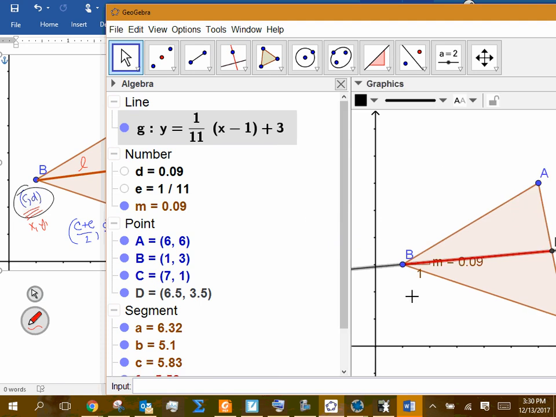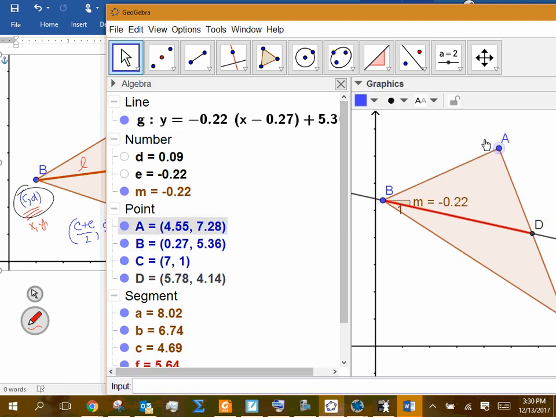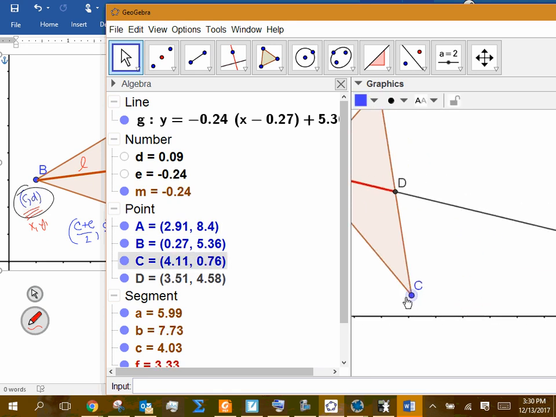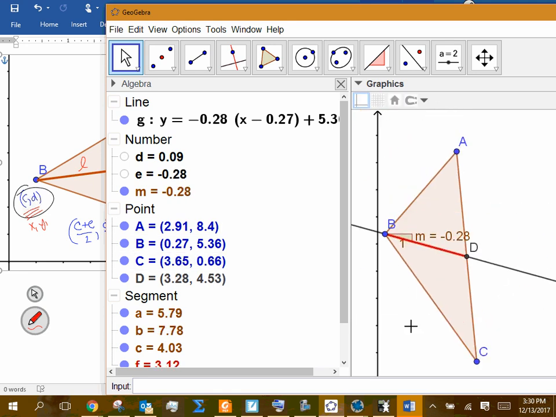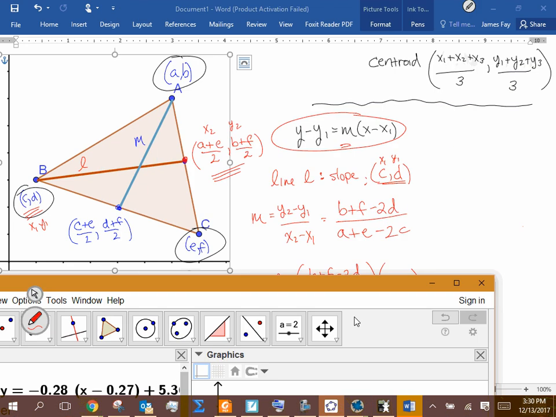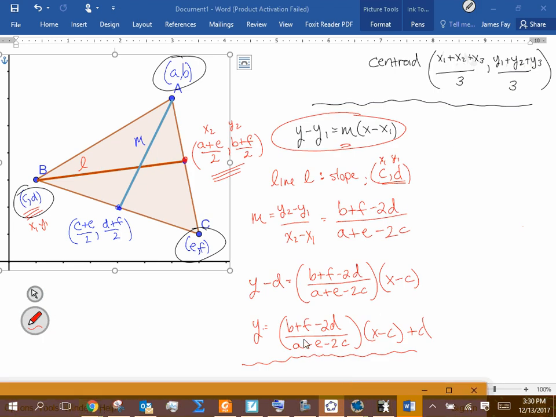Now what's nice about this is that the equation adjusts and changes no matter where I put my vertices. So this rule that I've just created provides me that median's equation based solely off of knowing what A, B, C, D, and E, F are.